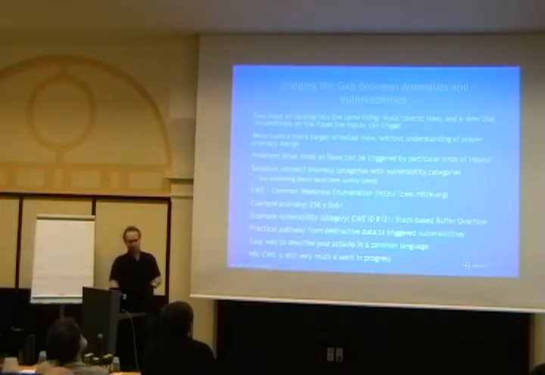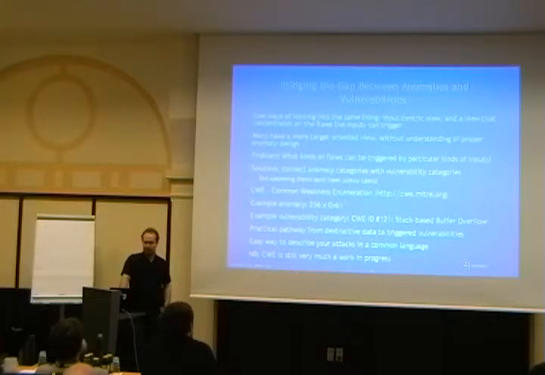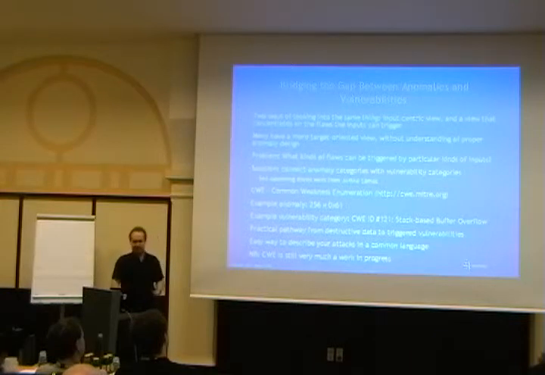CWE is a way of enumerating common programming errors, vulnerabilities and weaknesses in different programming languages. Some are programming language independent and some are specific to Java, C, C++, and so on. So it's a database of different kinds of weaknesses that plague modern software.